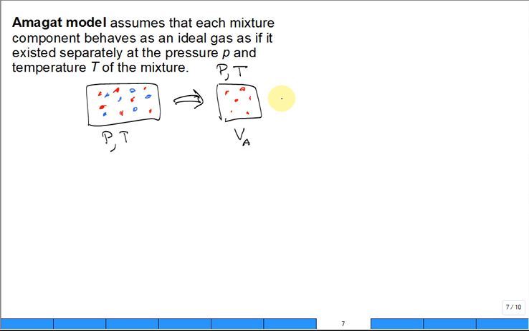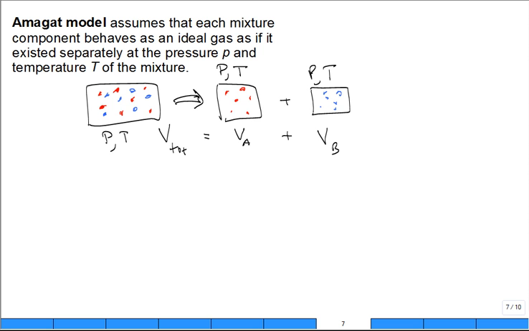And then another container, which will be filled with the blue, and the blue is at the same pressure and the same temperature, but the volume will be less. And what we find is the total volume is equal to the sum of the partial volumes.